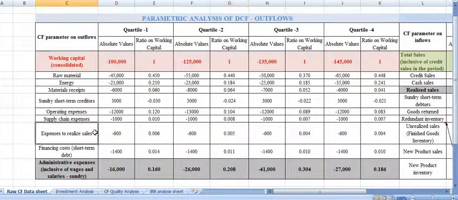Now, expenses to realize the sales, the financing costs, and the short-term creditors are strategic initiatives that would require the intervention of Apex management and their expertise in the strategic areas of marketing, branding, and financial engineering.